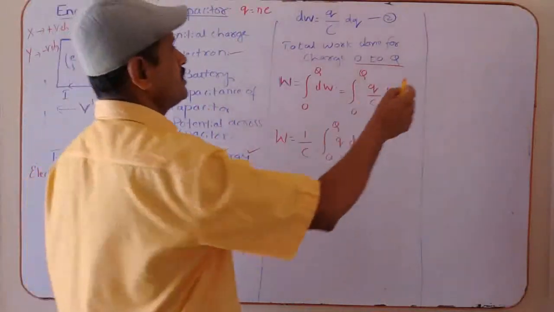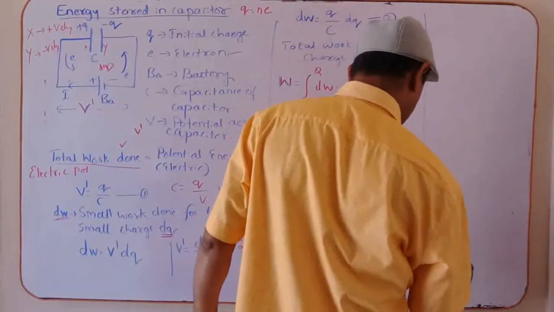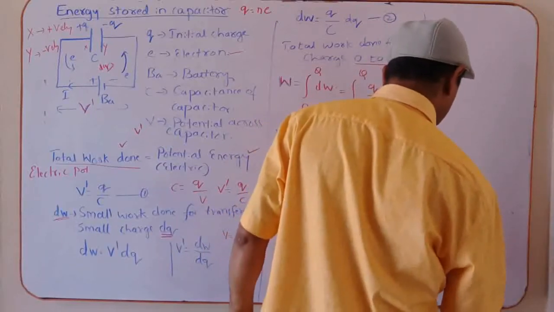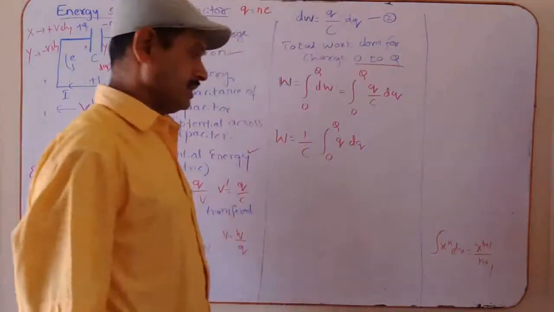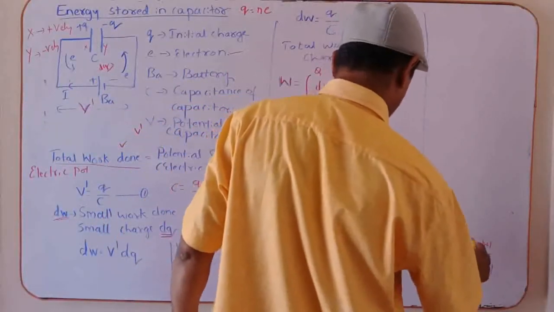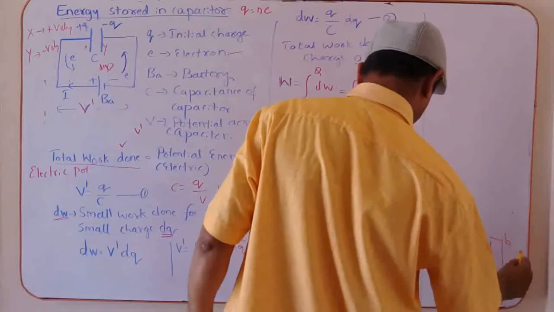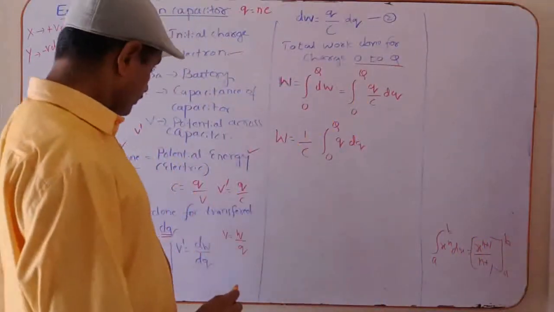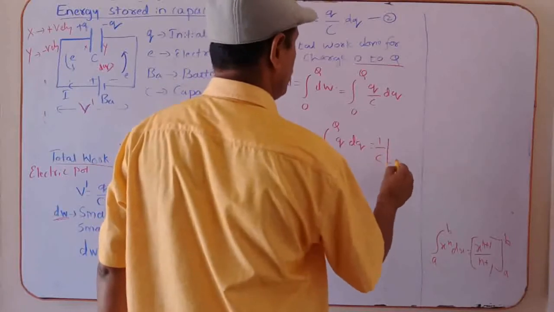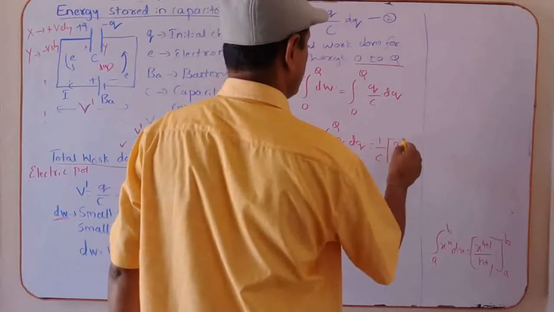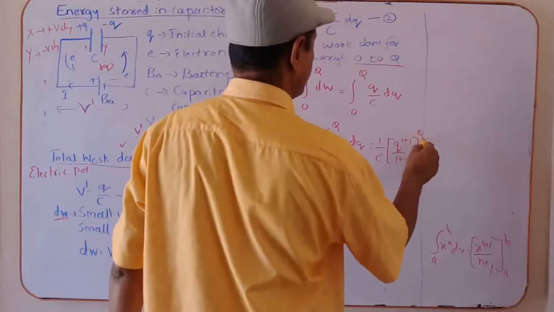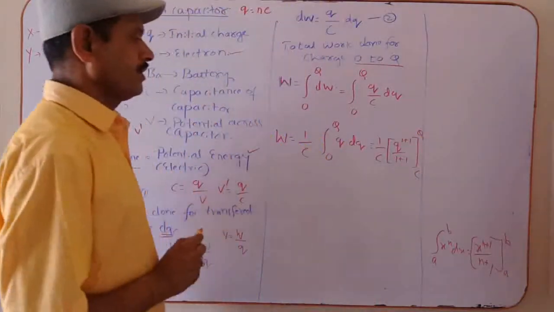The integral of x raised to n dx is equal to x raised to n plus 1 divided by n plus 1. That is the integral formula. If you apply the limits, this is said to be a definite integral, with upper limit b and lower limit a. Now see, this is 1 by C. The integration of Q is Q raised to 1 plus 1 divided by 1 plus 1, upper limit Q, lower limit 0.